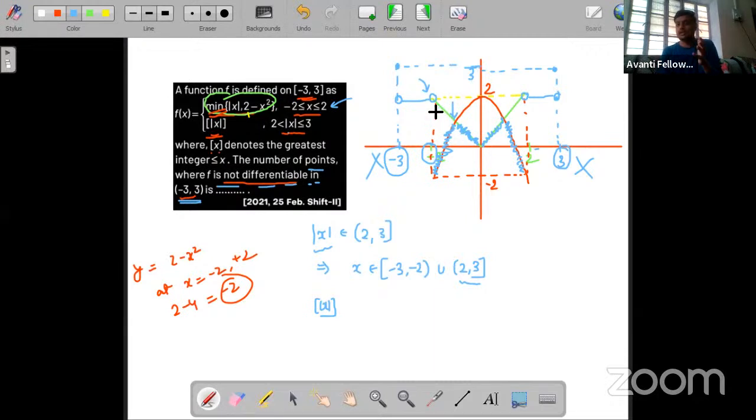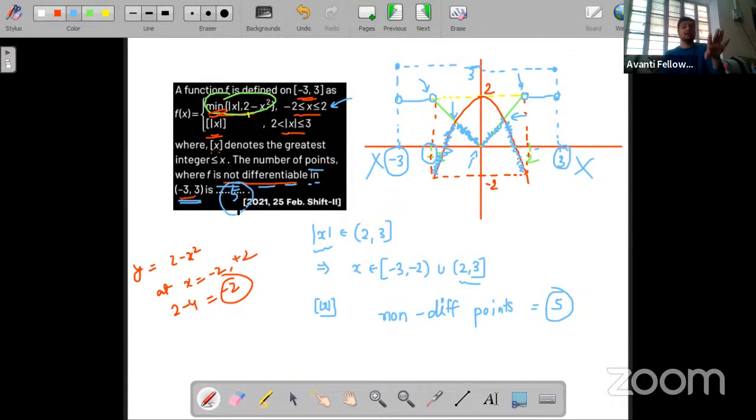Here you can see the pen is lifted, right? Here again a sharp turn. Here again a sharp turn. And at the last we are getting a hollow circle, meaning the function is discontinuous, and discontinuous means not differentiable. So how many non-differentiable points are we getting? Non-differentiable points are 5. 1, 2, 3, 4 and 5. Clear? So the answer will be 5.